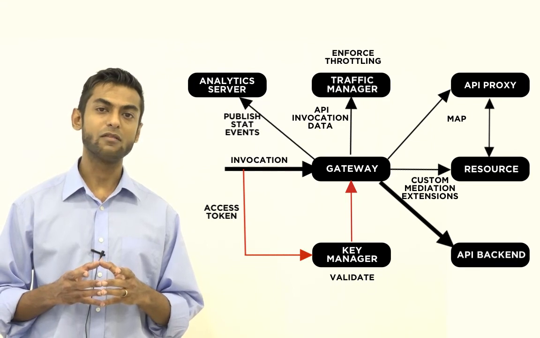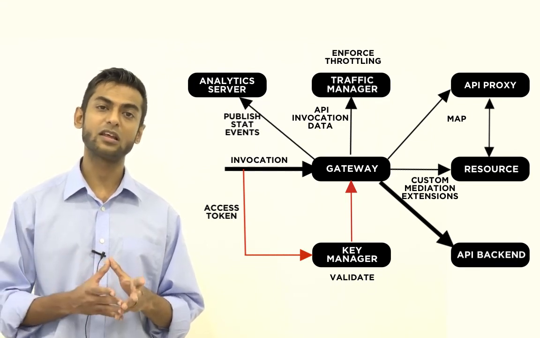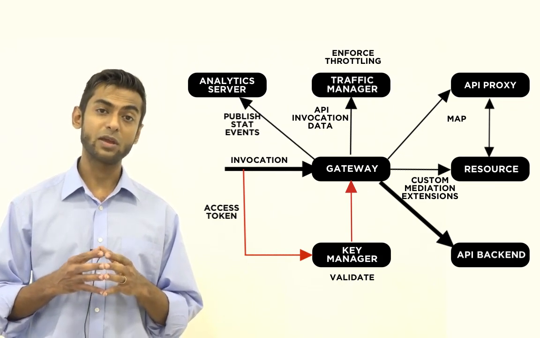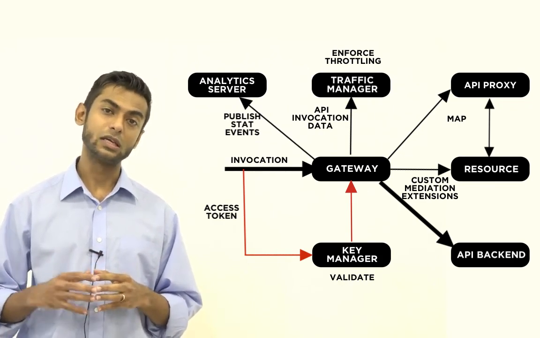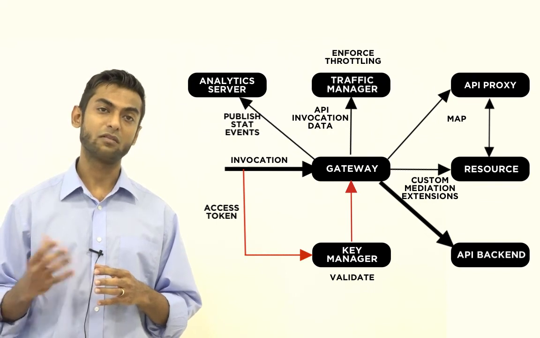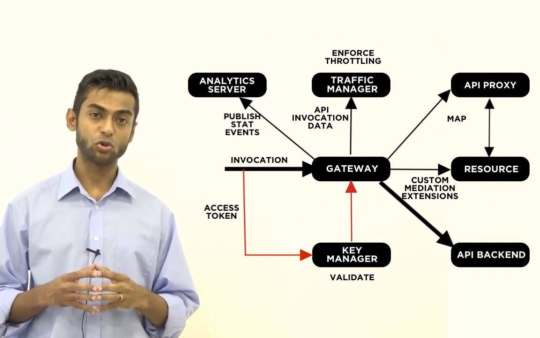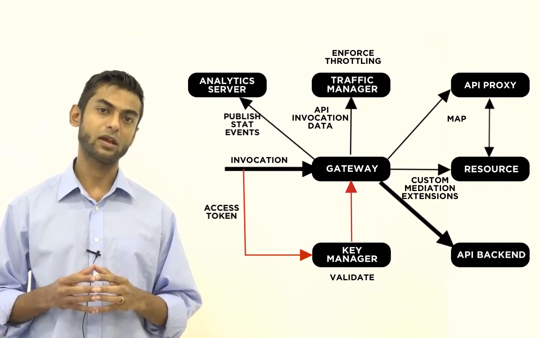And if any data does get updated once that cache expires, the API gateway will fetch the latest updated data from your backend, and this can all be configured in the publisher UI when creating an API.